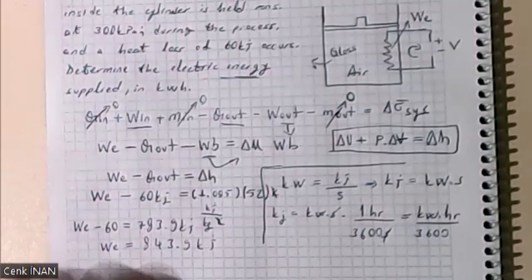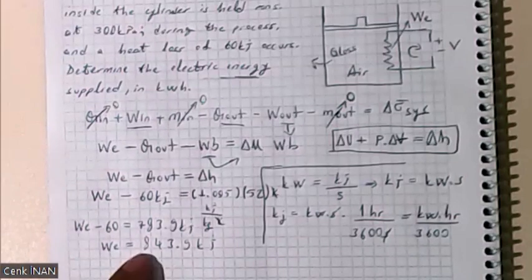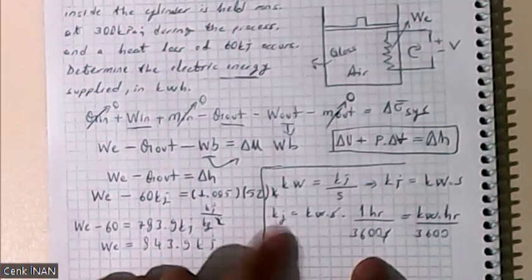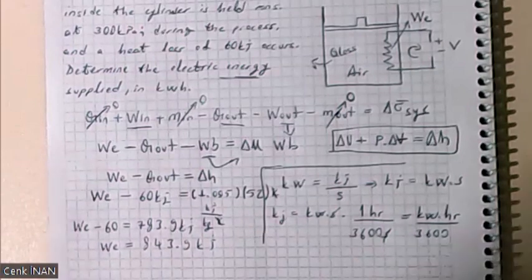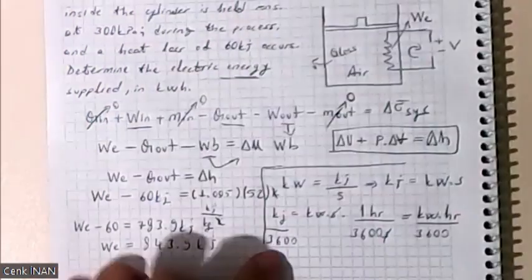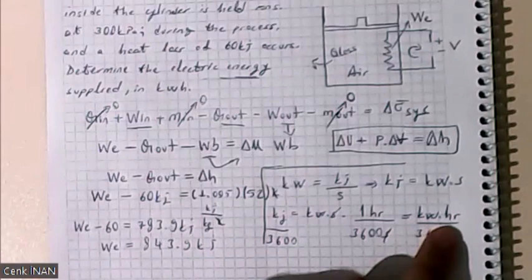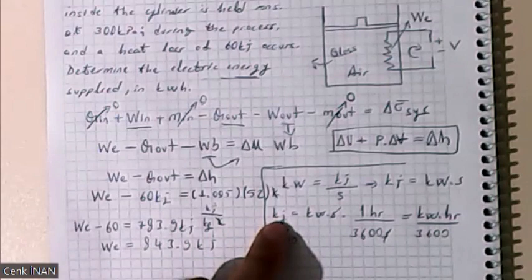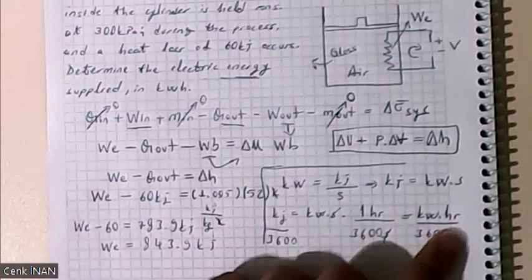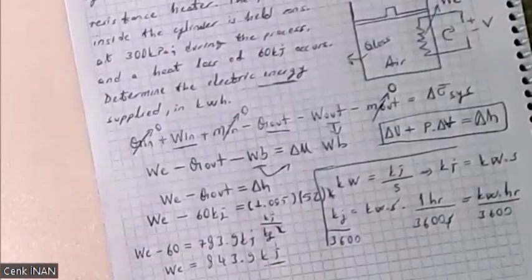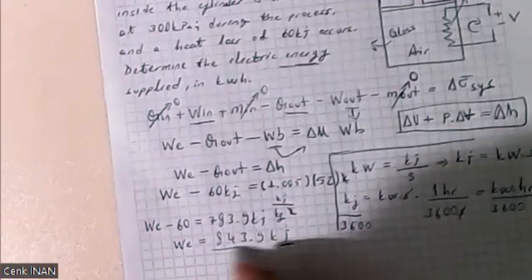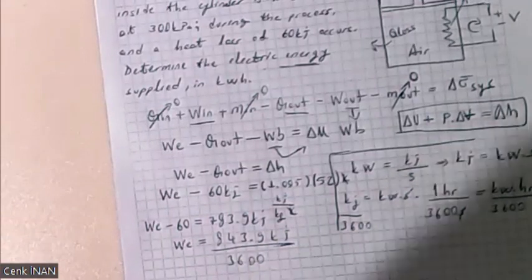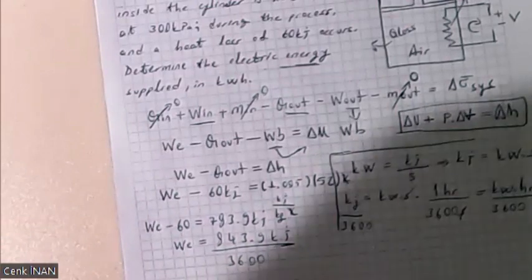What we find is 843.9 kilojoule, and when I divide this kilojoule value by 3600, it will give me kilowatt hour. I convert kilojoule into kilowatt hour.